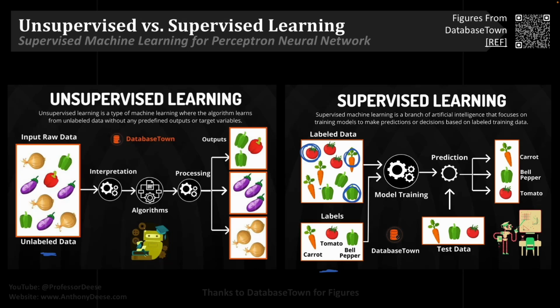Now, the unsupervised learning algorithm takes these inputs and places them into various bins or categories. This is very similar to what certain types of supervised learning algorithms can do if they are focused on classification. So here we see we've taken the inputs and assigned them to the bin of carrot, bell pepper, and tomato. So what's the difference, right? They're both kind of doing the same thing. On the left-hand side with the unsupervised learning, we don't know what the names of these categories are, right?